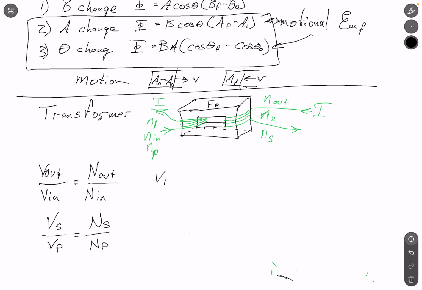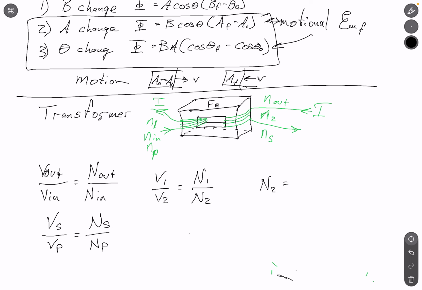You could have V1 over V2 equals N1 over N2, and this is just flipped, okay? Doesn't matter. The ratios, you can have them positive, negative, whatever. But you can easily solve this for whatever one you want.